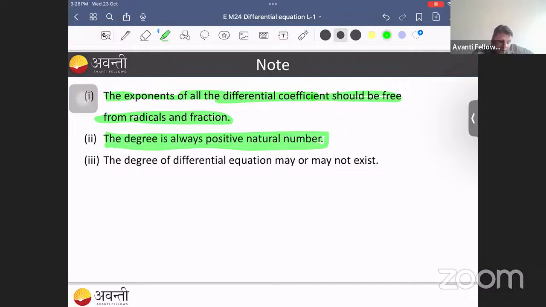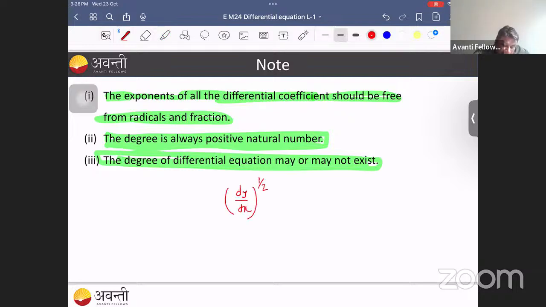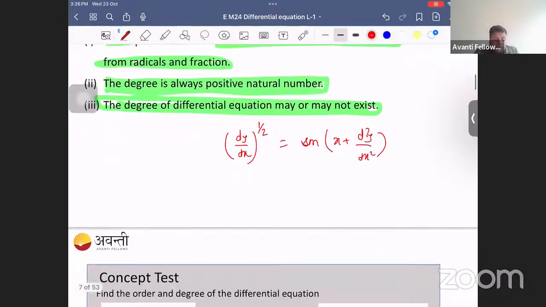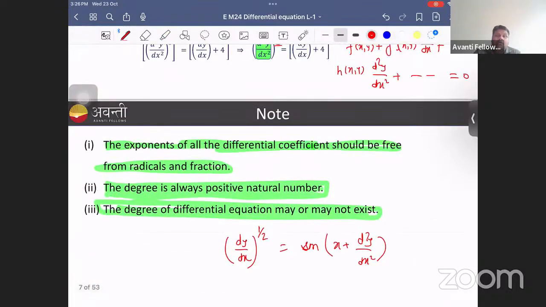All right. The degree of a differential equation may or may not exist. Now, there is a possibility that the degree of a differential equation does not exist. Like if I ask you dy by dx raised to the power 1 by 2 is sine of x plus d2y by dx square. Currently, if you try, you cannot write this equation in the form of polynomial of derivatives.